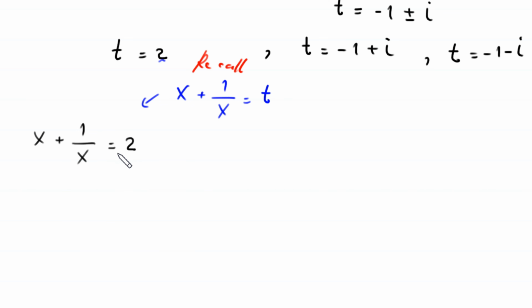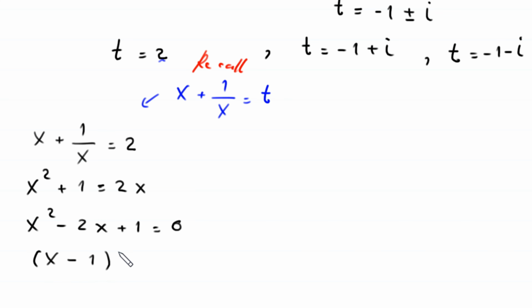Multiply both sides by x, this will become x squared plus 1 is equal to 2 times x, and move this 2x to the left hand side, this will become x squared minus 2 times x plus 1 is equal to 0. This is a perfect square, so this will become x minus 1 whole squared is equal to 0.